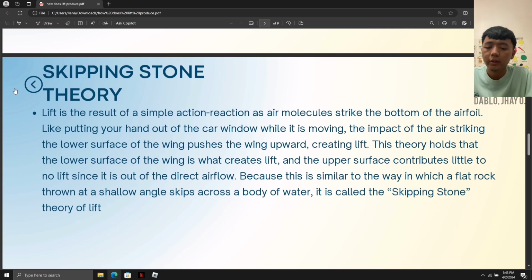According to this theory, as air strikes the bottom surface of the wing, it is redirected downwards, causing a reaction force in the opposite direction, upward lift. This theory highlights the importance of the wing's angle of attack and shape in directing airflow to create lift, rather than relying solely on the speed of airflow over the wing surface.